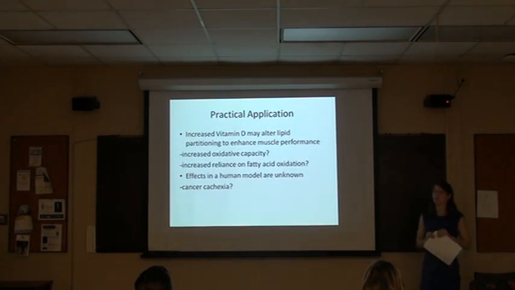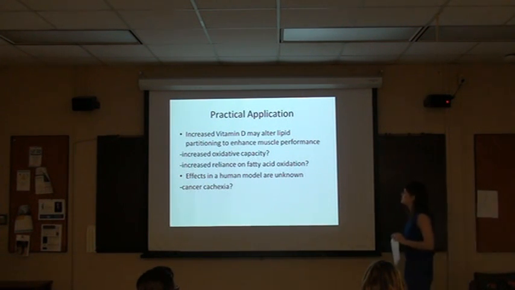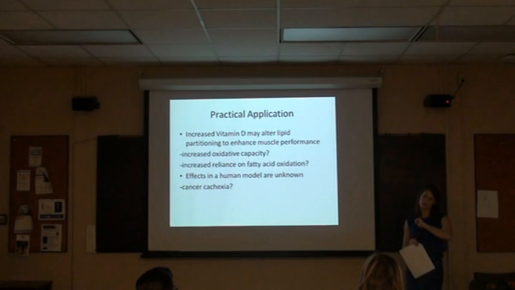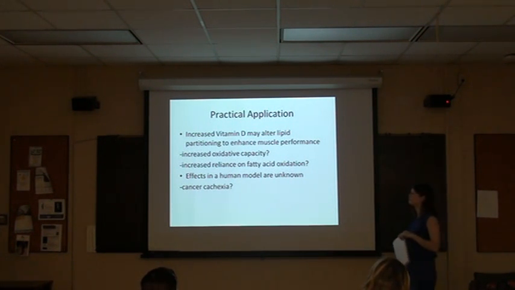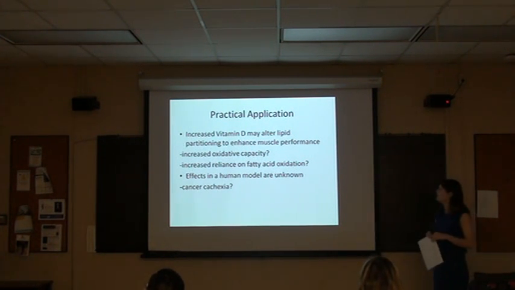So practical application, the "who cares" side: how can you use it? Increased vitamin D may alter lipid partitioning to enhance muscle performance. Like we talked about with the Goodpaster study, all of the effects they saw, they claimed as favorable effects.